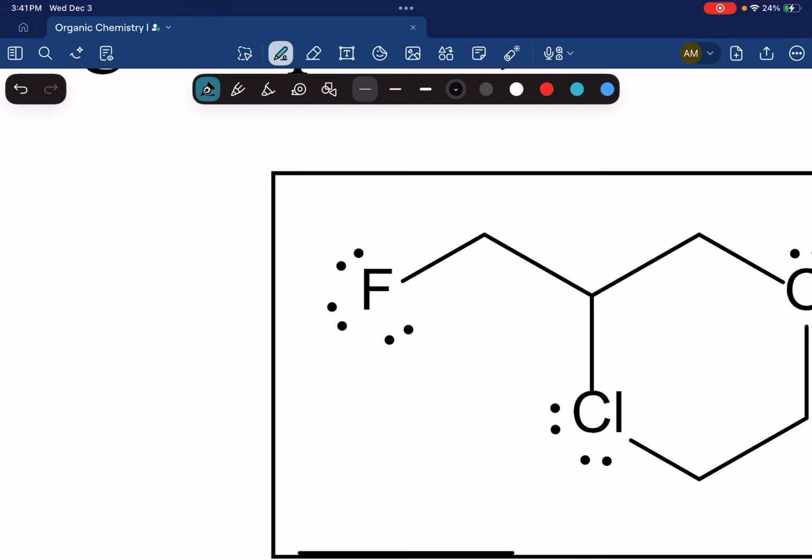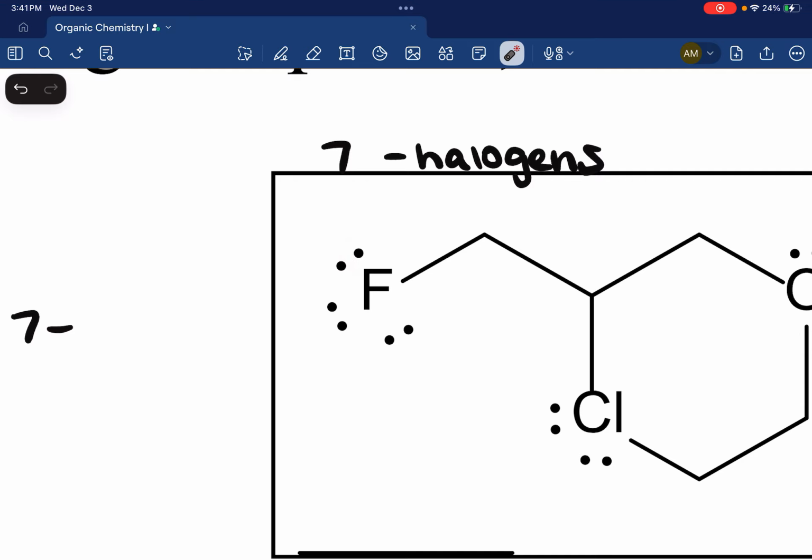So, fluorine is in column 7, right? The halogens. So, we're going to start out with 7 valence electrons, and then we're going to count 1, 2, 3, 4, 5, 6, 7. The bond only counts as 1. It's like, you see 2 lone pairs, right?